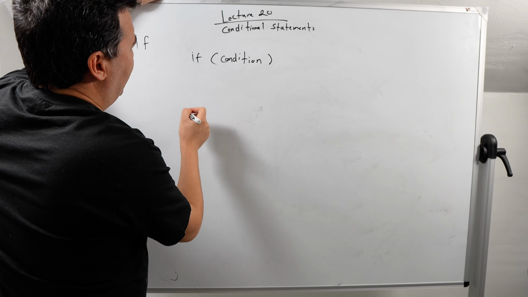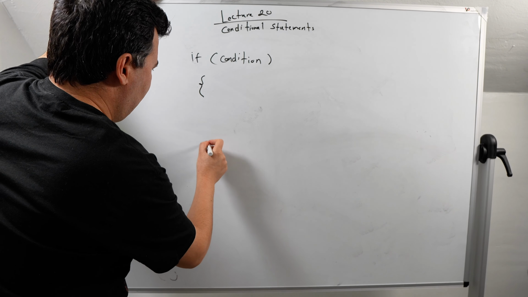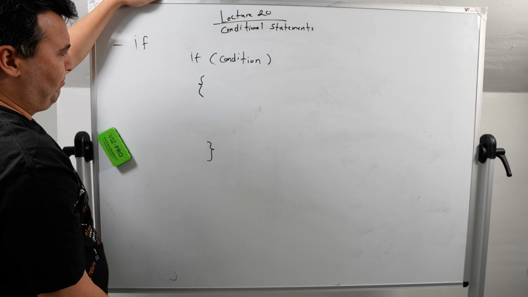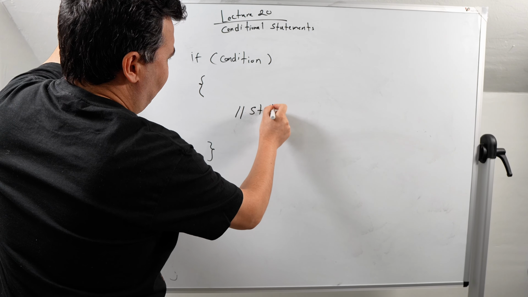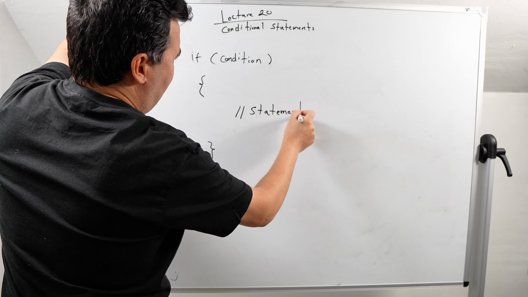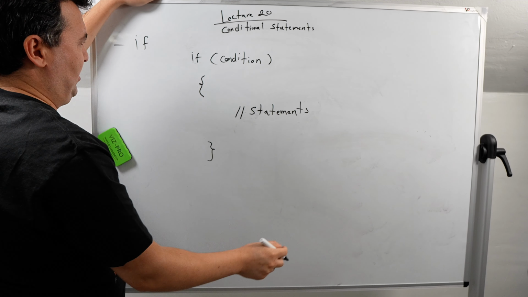Then we open the curly braces for the if statement, and then we close the curly brace. Any statements we have here, we actually write our statements here, maybe one statement or maybe multiple statements.